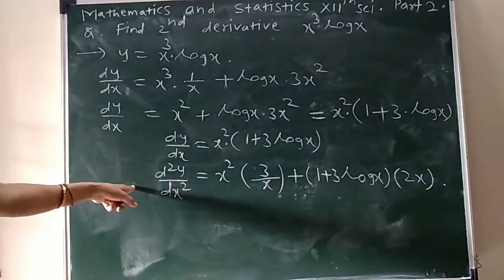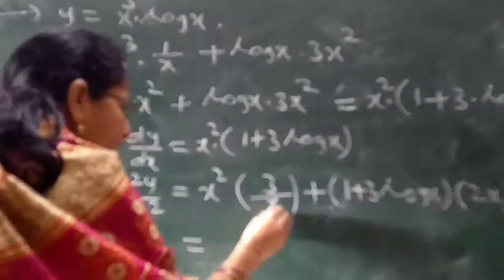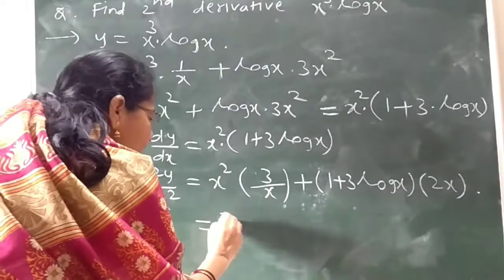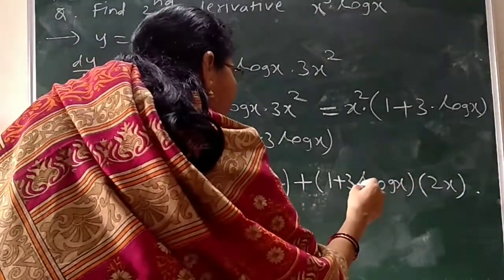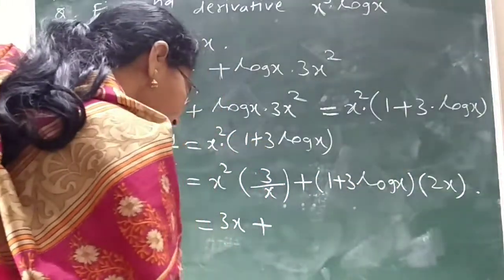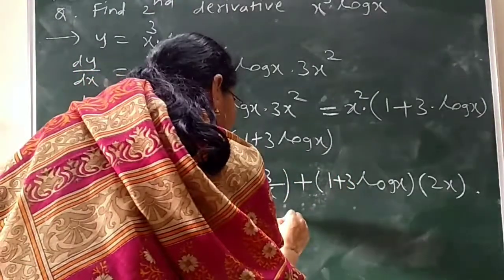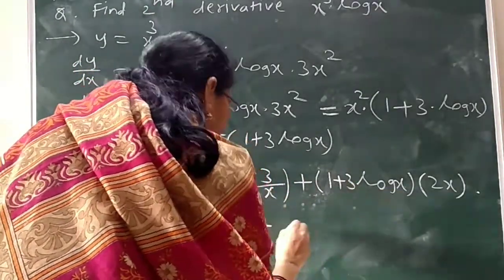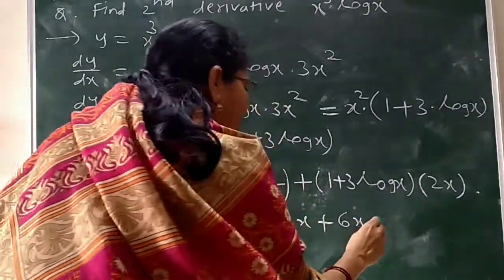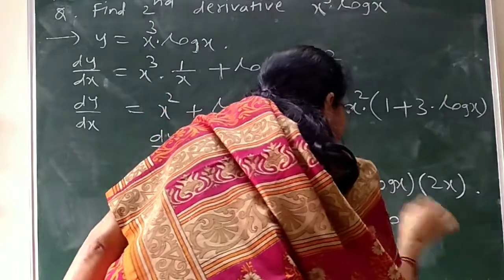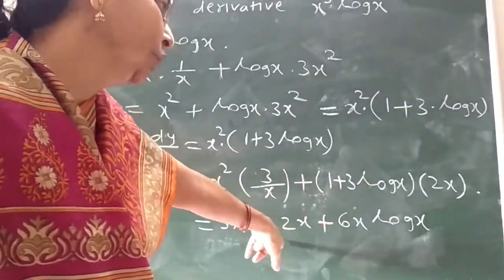This is the second derivative, but see what the simplifications are. The 1x gets cancelled, remaining is 3x plus, multiplying inside by 2x, 2x plus 6x log x.